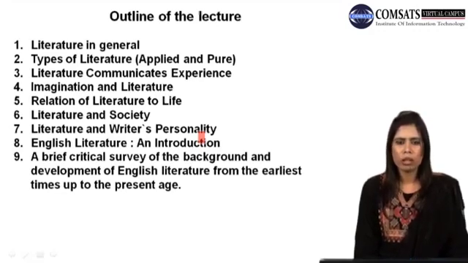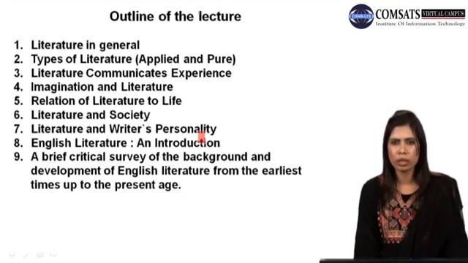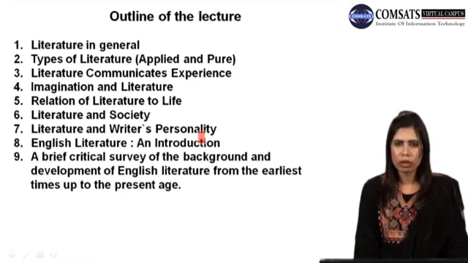Third thing today would be literature communicates experience. So this is not something which is in the air. This is based on the embodied experience of human beings. That is why we say that literature is a lively thing that is full of life. Fourth thing which we will discuss today is imagination and literature.